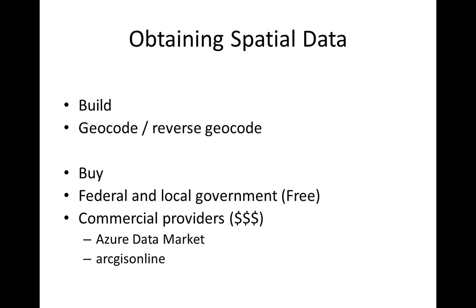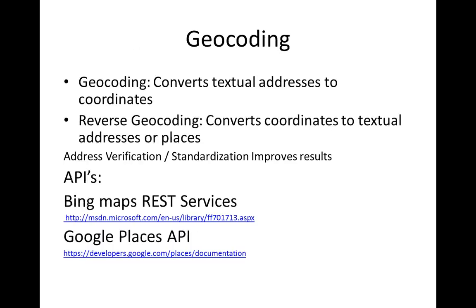All that came from the Tiger data source. There are also commercial providers. Azure Data Market has a couple of providers that offer different data, as well as ESRI, which has ArcGIS Online where they provide what they call base maps, and then they have shapefiles that have attribute data. And we'll talk about that a little bit more.